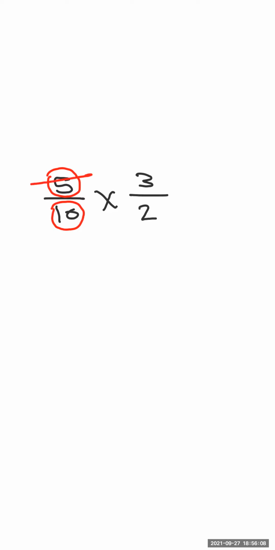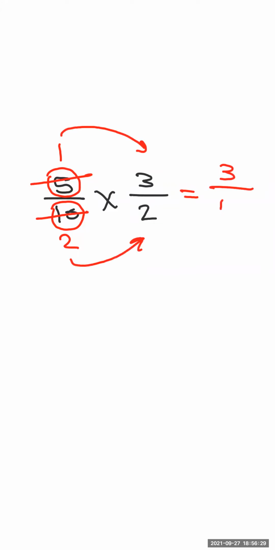So 5 divided by 5 equals 1, 10 divided by 5 equals 2. Now, am I supposed to simplify this 2 with this 2? Of course, no. We have to simplify numbers from the numerator with numbers from the denominator. So now, just multiply the numbers, 1 times 3, it will equal 3 over 2 times 3, it will equal 6. One more question.